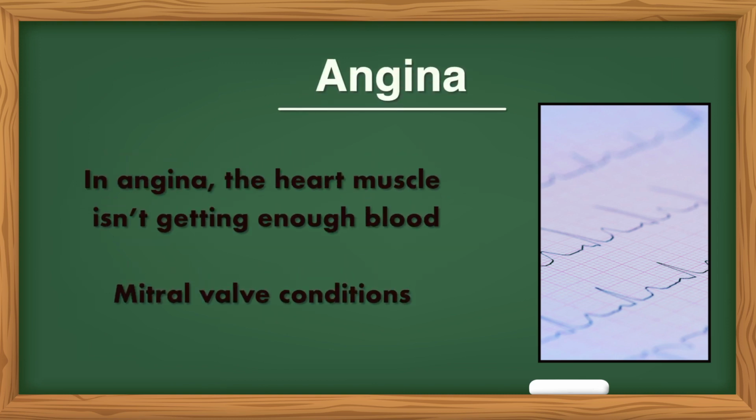Angina, which has already been discussed, is basically where the heart muscle is not getting enough blood. So, this leads to crushing chest pain, fatigue, a nauseous feeling and shortness of breath. Next disorder associated is mitral valve condition.